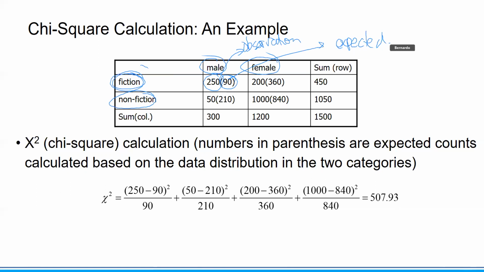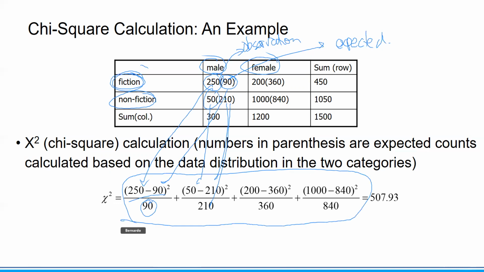If you want to measure the chi-square, you can just fit into the formula: (250 minus 90) squared divided by 90, and then (50 minus 210) squared divided by 210, and so on. So we will get a chi-square value of about 507.93. In this case, the value is quite high. Then we can say that there is a high correlation between gender and fiction or non-fiction.